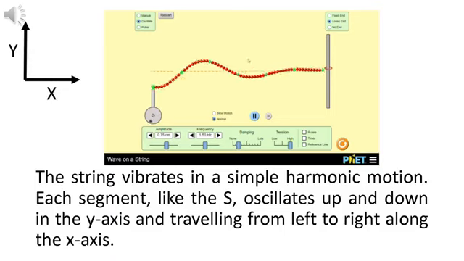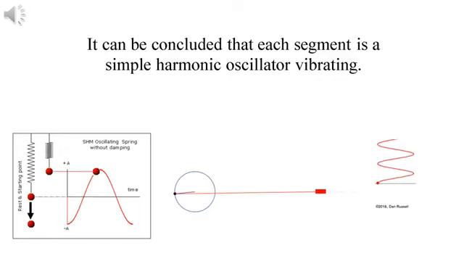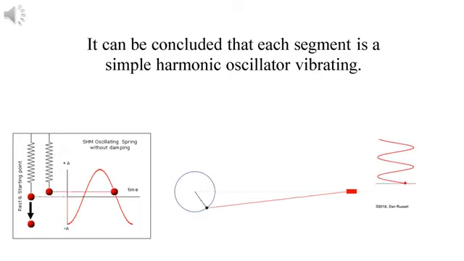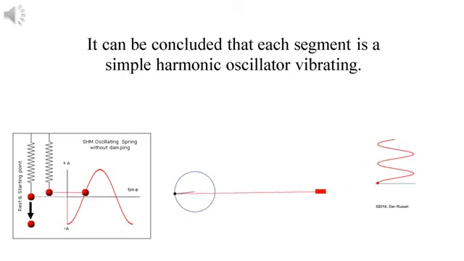So, in this, nagkakaroon ng repetitive motion from up to down and vice versa. Kaya yung wave na nakakreate ay repetitive din. And the same with all the parameters. So it can be concluded that each segment is a simple harmonic oscillator vibrating.